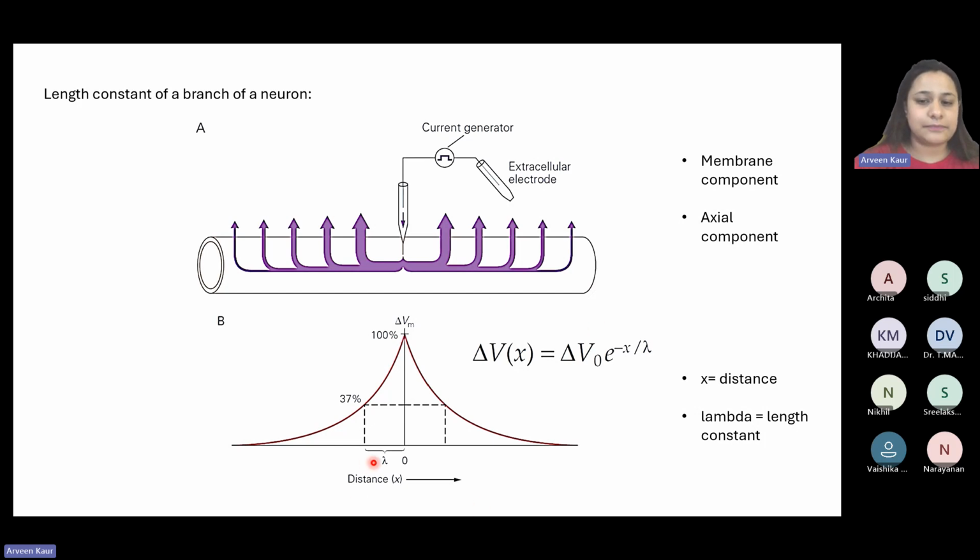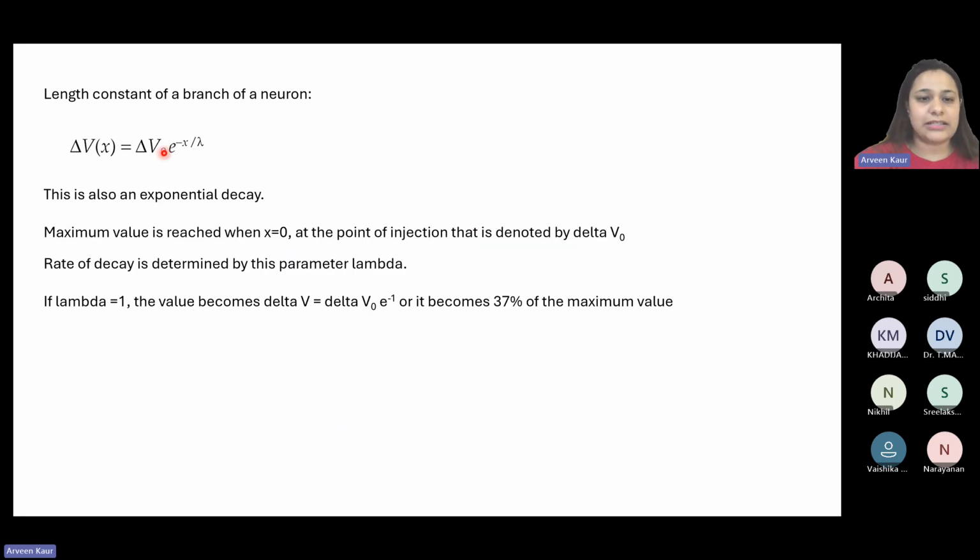So basically at x equal to lambda, the current will have dissipated to 37% of the actual current that it had been given, right?